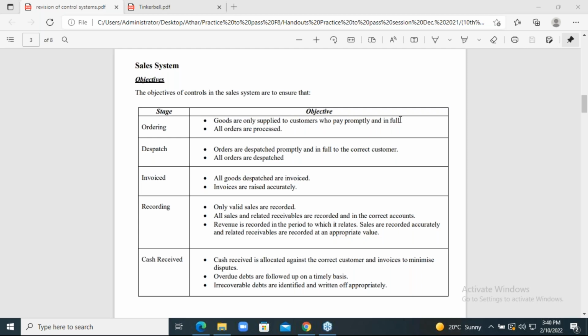Before going into the control system, we were discussing audit risk, and there we discussed that the auditor is mostly concerned about the audit risk, and he is not concerned about the business risk. But according to ISA 265, the auditor has an additional responsibility that he must communicate control deficiencies and recommendations to the management and persons charged with governance.